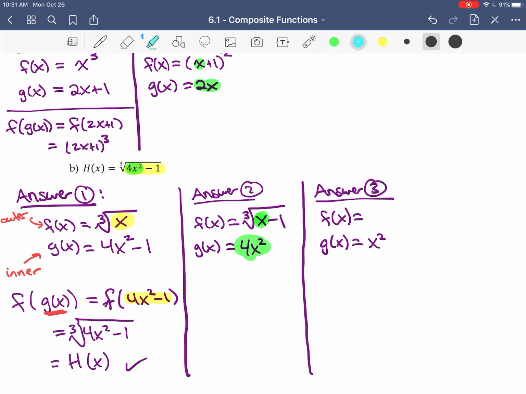Okay, so then the x squared I see is just right here. So then f of x would be the cube root of 4x minus 1. Okay, so when I replace this x with x squared, I'm going to get the h of x back. Okay, so that's another one.